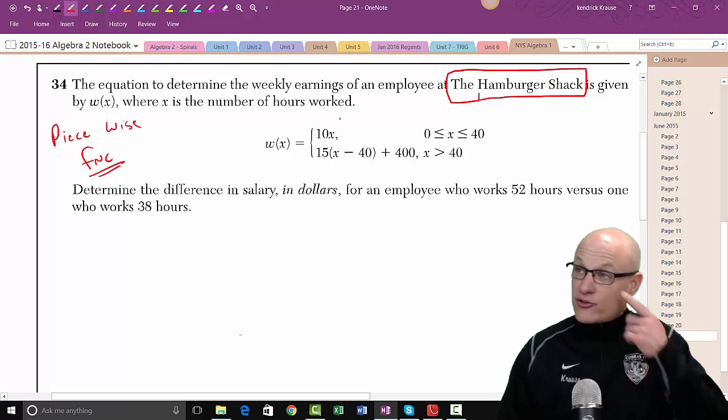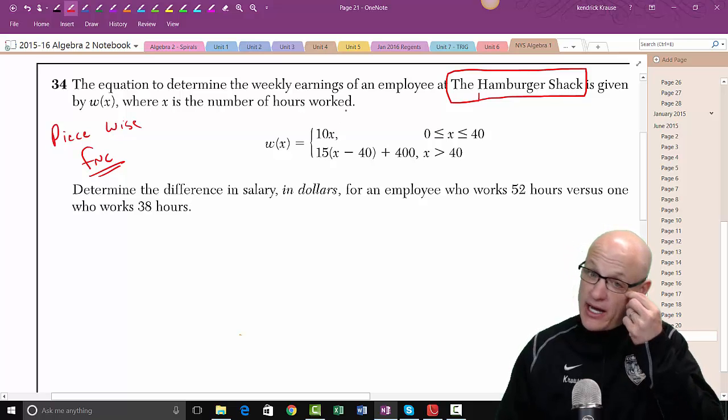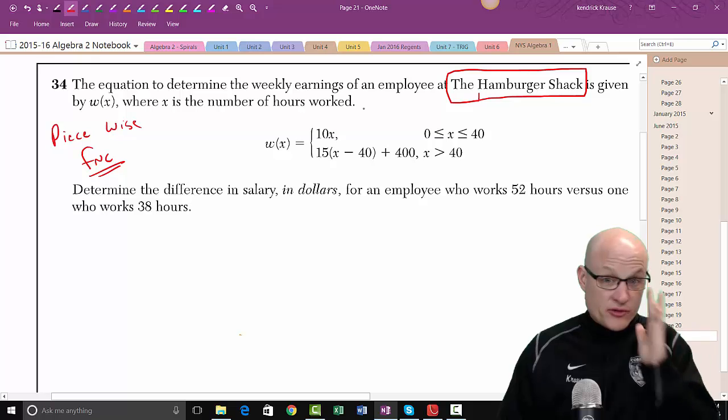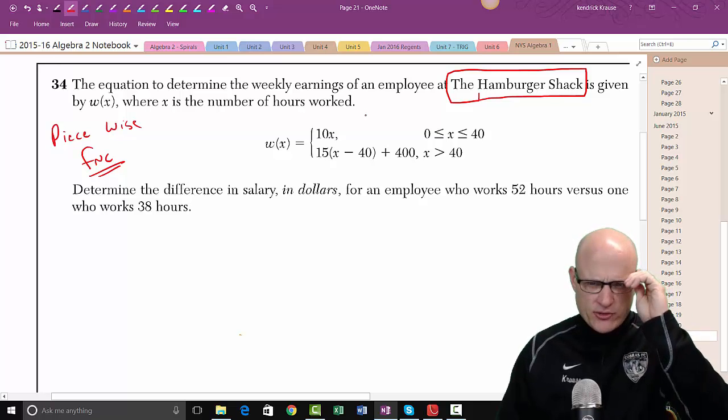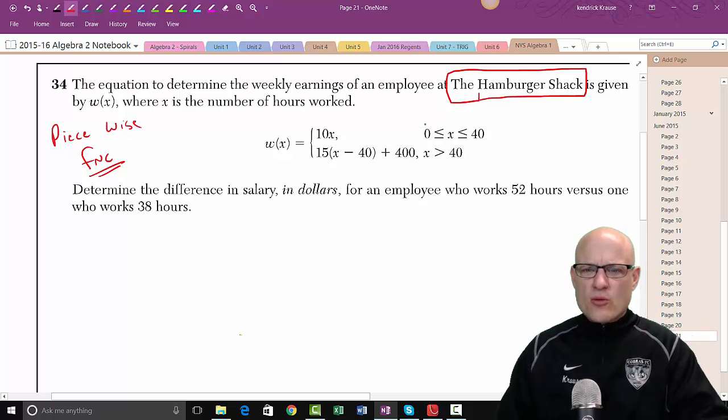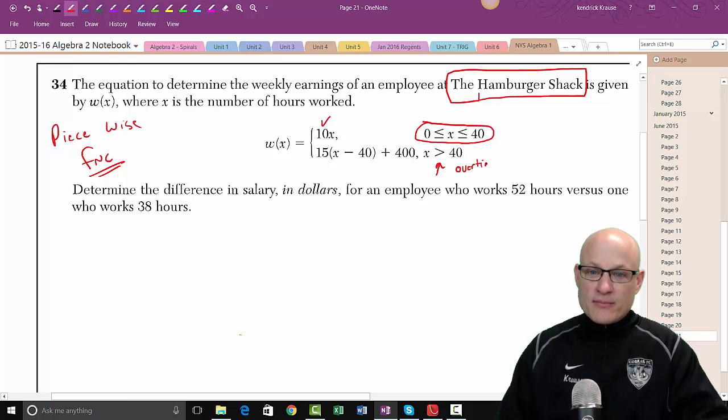Now, if you're a good math student, you should be able to look at this and see what's going on. But most of you, since you don't work, may not understand how work goes. If you work 40 hours or less, you make a certain wage. If you work more than 40 hours, you work what's called overtime, and a company has to pay you extra.